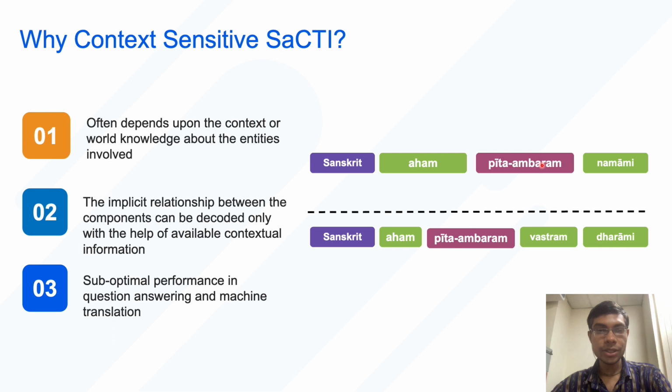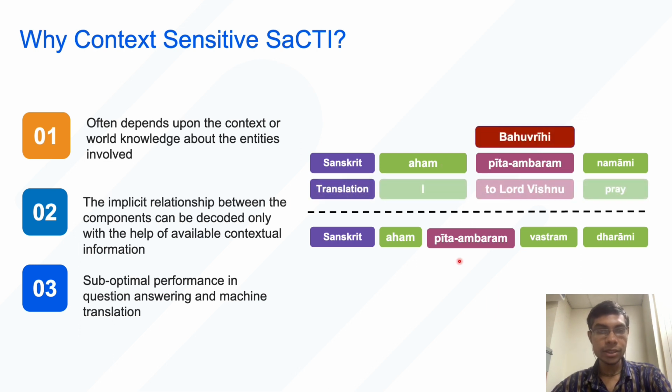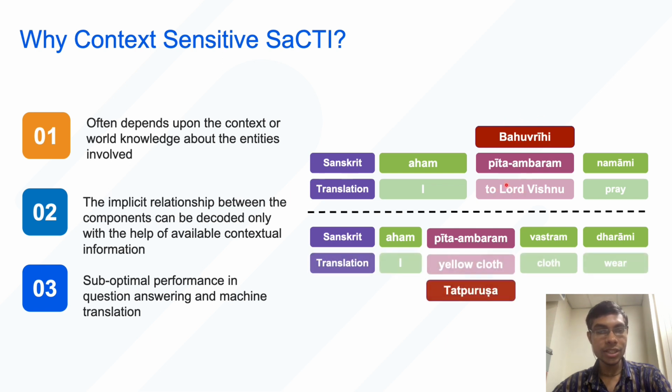Pitambaram is the word, and these are two different contexts. In the first, the meaning of the word becomes Lord Vishnu, and the semantic label is Bahuvrihi. In the next, the meaning of the compound word becomes yellow cloth, and its semantic type is Tatpurusha. So you see the same compound in different contexts leads to a different class and also a different meaning.